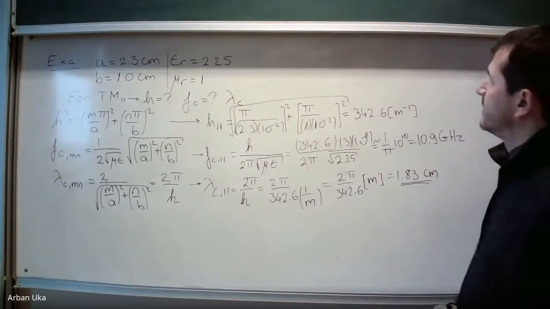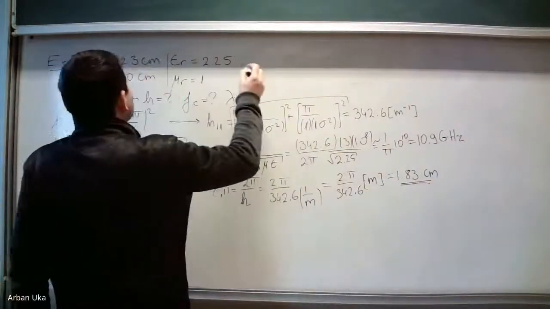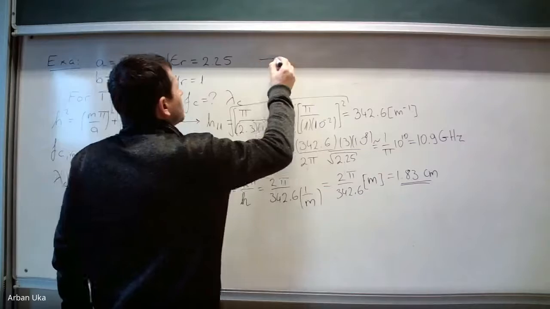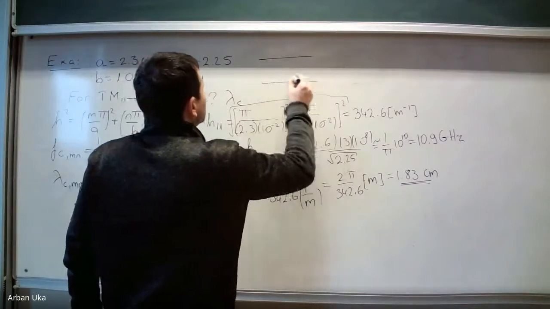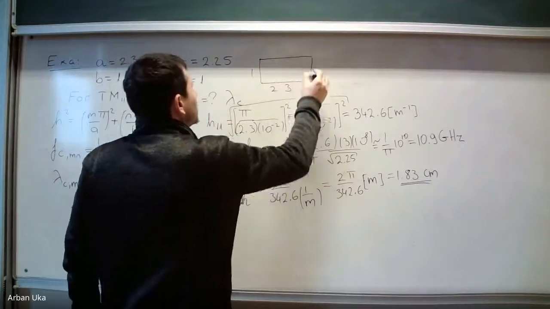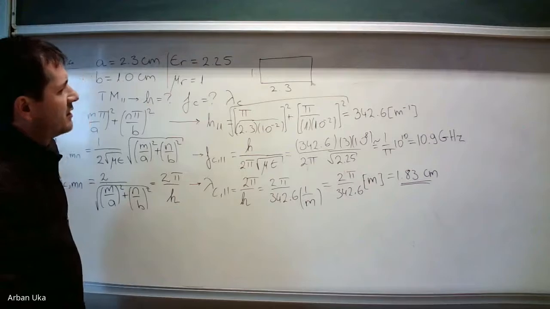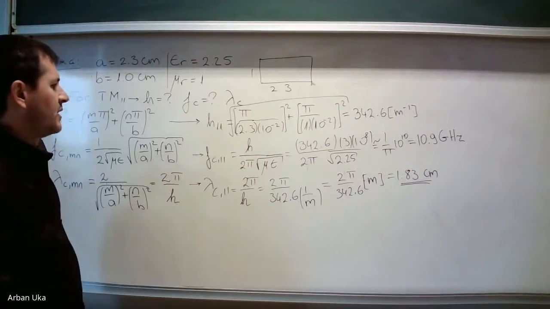So it looks like the A is 2.3 centimeters. Okay, so let's try to look at this one this way. So this is 1, this is 2.3, and the cutoff wavelength, traditionally, can be A over 2.